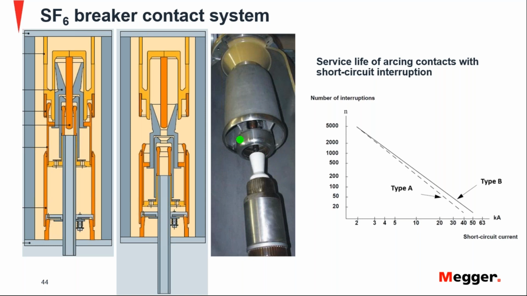And we can see main fixed contact here, then main moving contact here. And this rod here is the fixed arcing contact. And inside this nozzle is the moving arcing contact. And you can see here from this representation that the arcing contact is longer than the main contact.